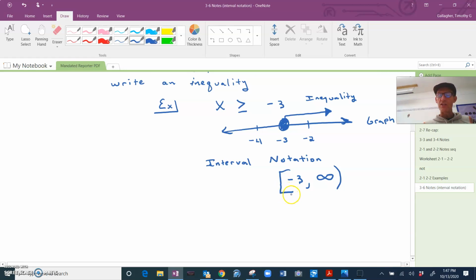So infinity, or this bracket, I was going to tell you about infinity, but this bracket right here is the same as an open circle or closed circle. This is a closed circle.